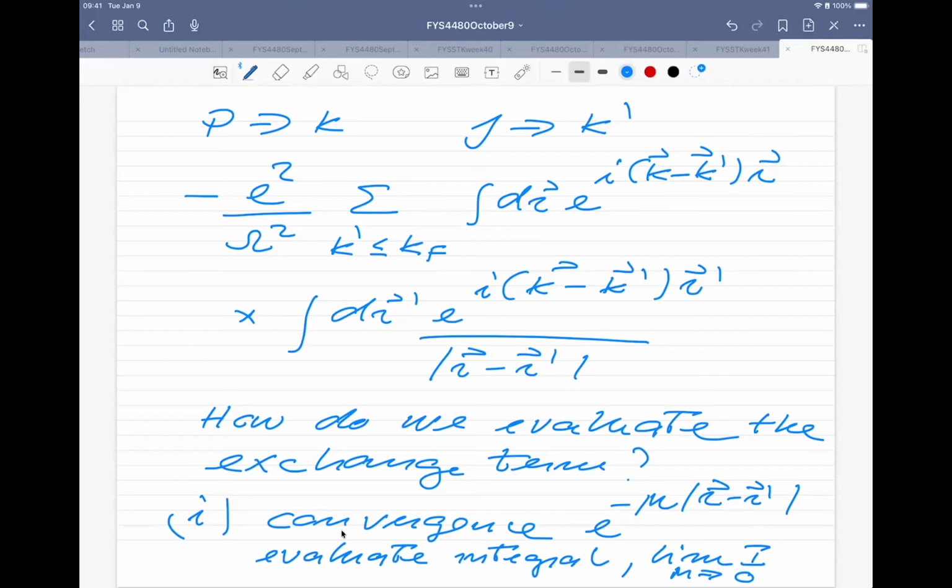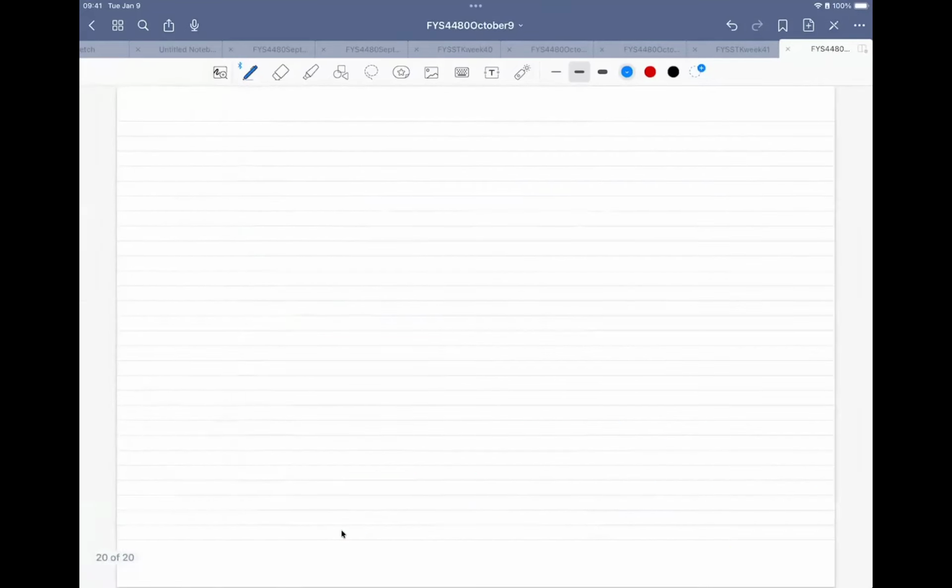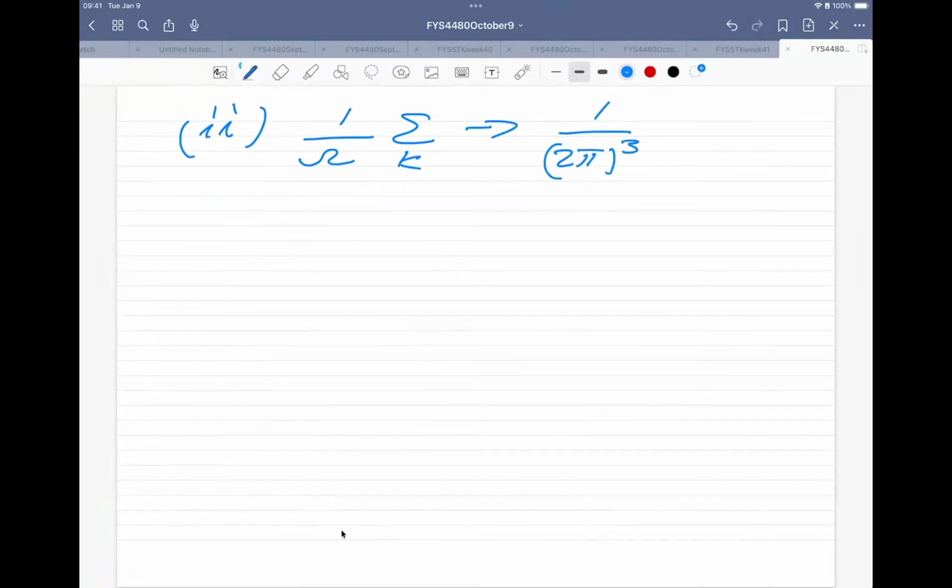Now, the next step is going to an infinite number of states. Here there's a formula which you probably have seen, and this is where we will stop today. We're going to set up the integral which we're going to solve tomorrow. So the next step is to let the 1 over the volume sum over k map into the volume over (2 pi) cubed, and then there's an integral over k.